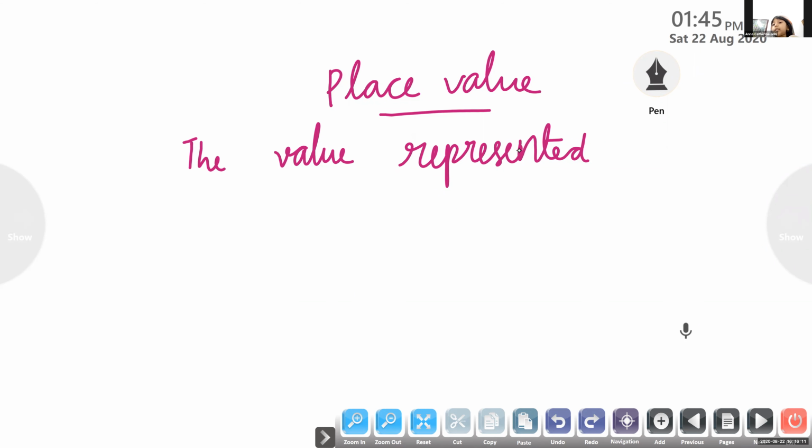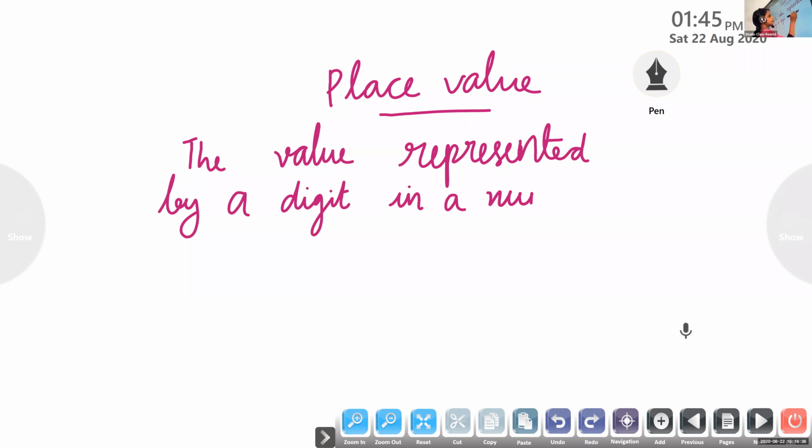The value represented by a digit in a number.